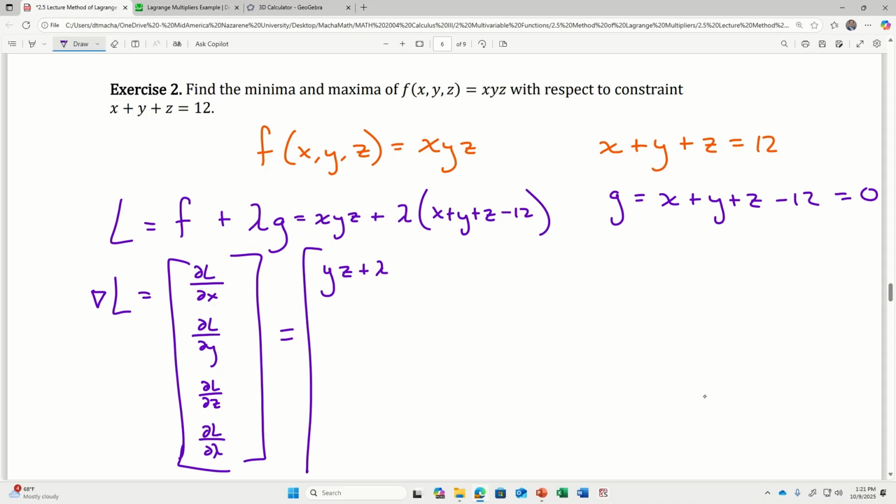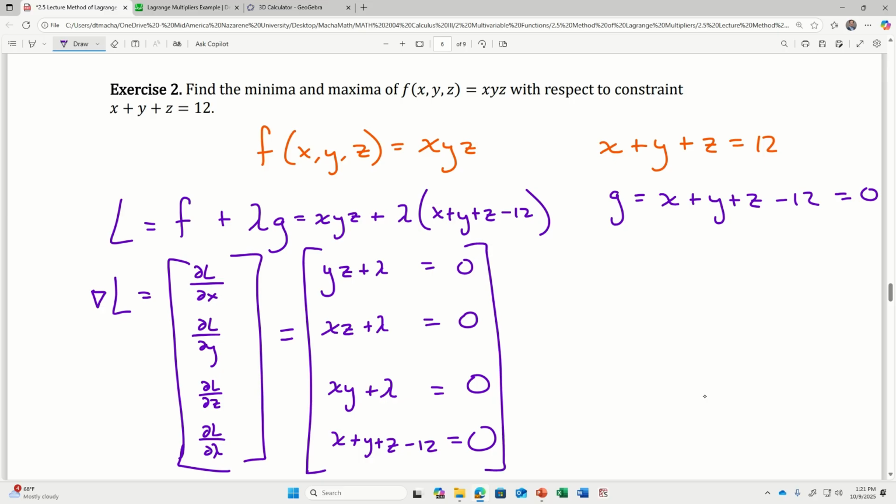The partial with respect to y is going to be xz plus lambda. The partial with respect to z is going to be xy plus lambda. And the partial with respect to lambda is going to be x plus y plus z minus 12. All of these need to be equal to 0 because I'm trying to find the stationary points of the Lagrange function.